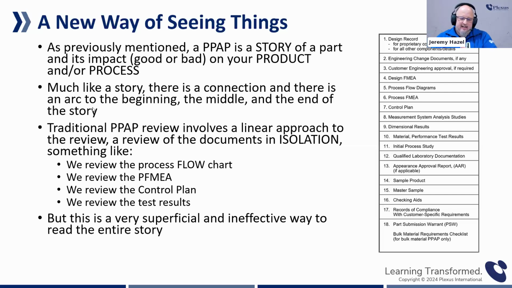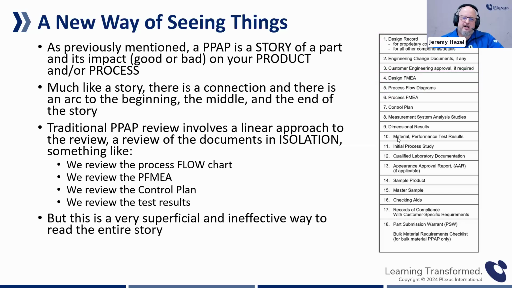So, the way that I approach this was, when we think about traditional PPAP review, most SQEs that I'm involved with use what we call the linear approach, right? They go through and they check the design record and they're looking for symbology, they're looking for characteristics. They then go through and check the DFMEA. They'll then check the process flow diagram.